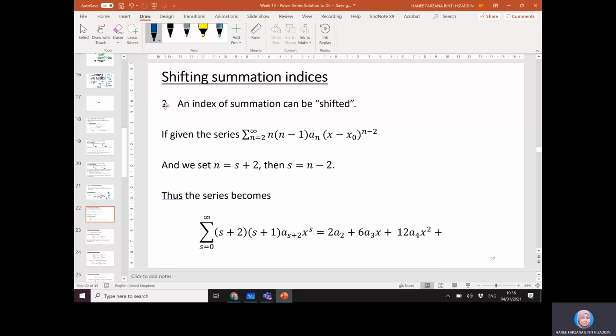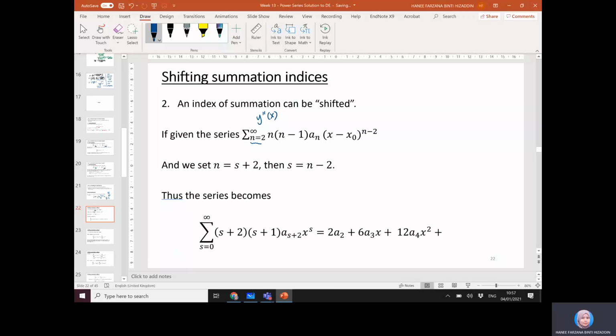And then another property is the shifting of the index. The index of the summation can be shifted. Let's say you have this series where it starts from n equals 2. You can see that this is the second derivative of y from the original y series.